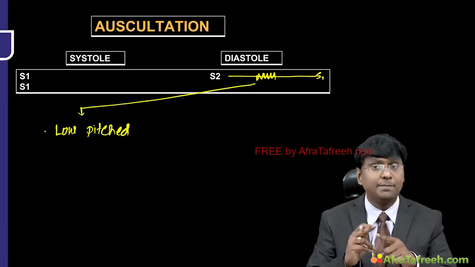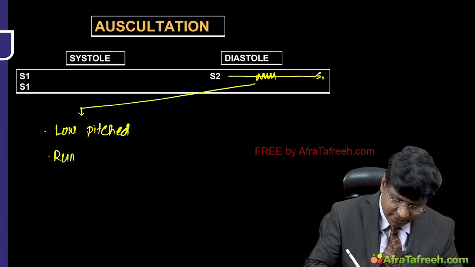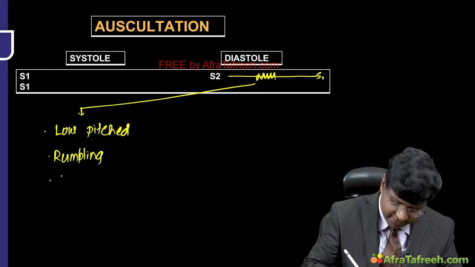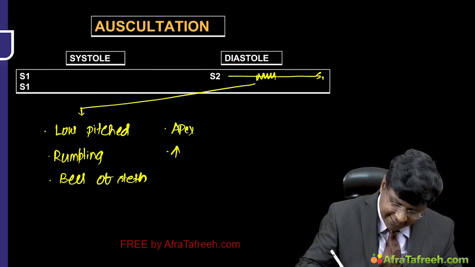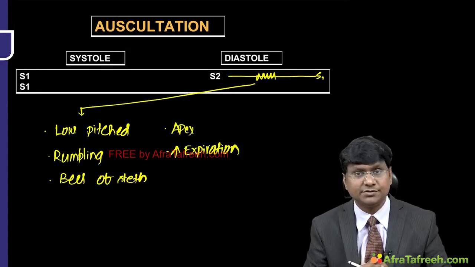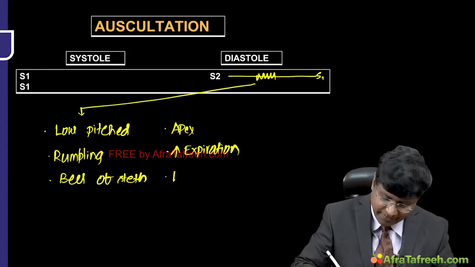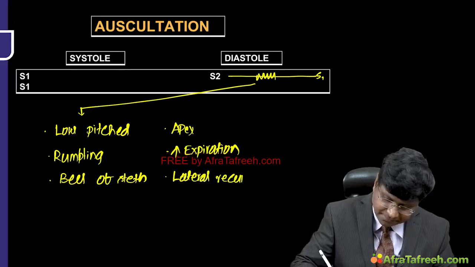It is a low pitched rumbling sound which is heard with the bell of the stethoscope, and it is best heard at the apex at the height of expiration, because all the left sided sounds increase on expiration, and the individual should be in a lateral recumbent position, right?